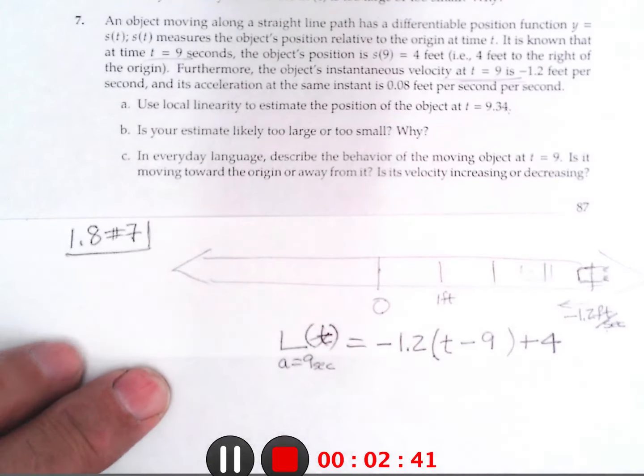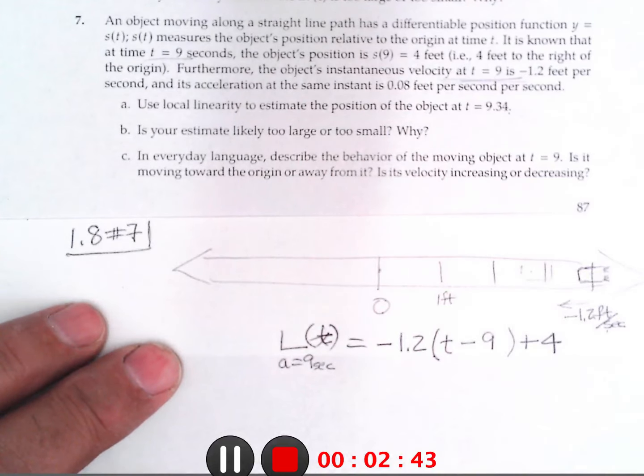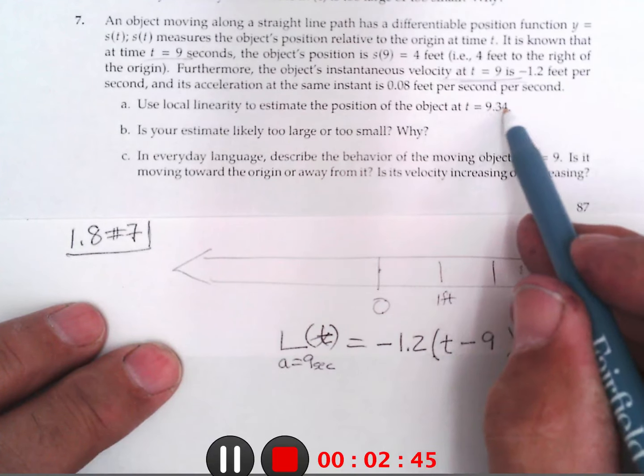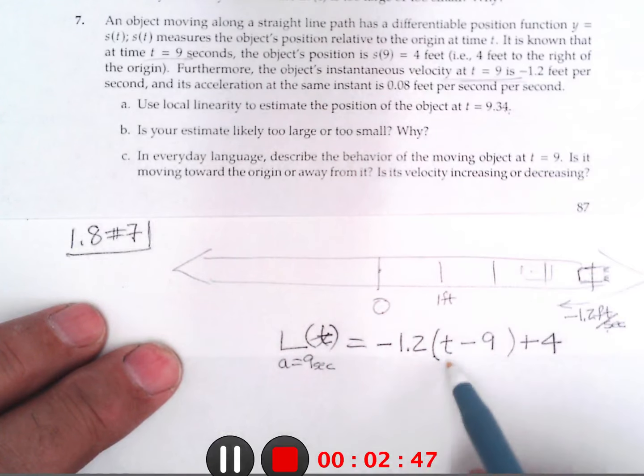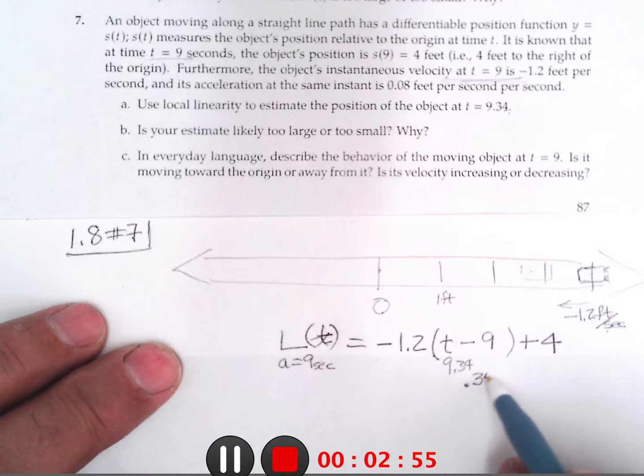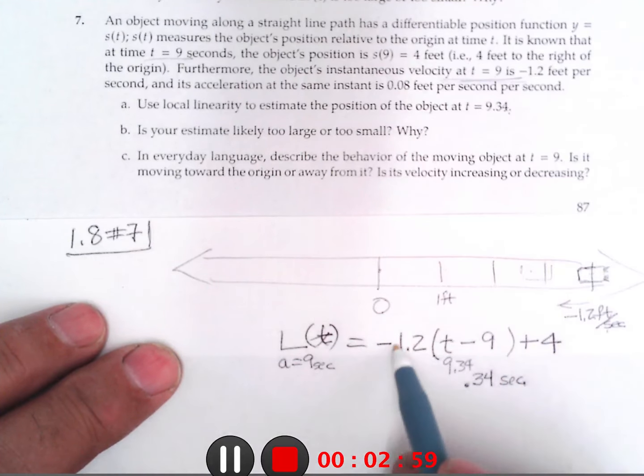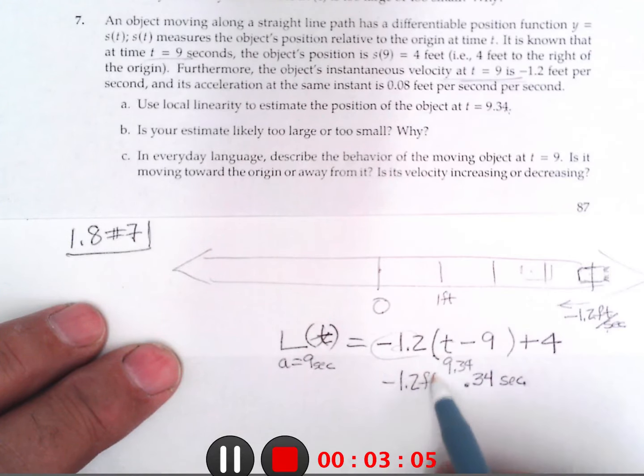Now they want to know at 9.34. So we put 9.34 in here, subtract 9, and the time changed by 0.34 seconds, and the velocity was negative 1.2 feet per second.